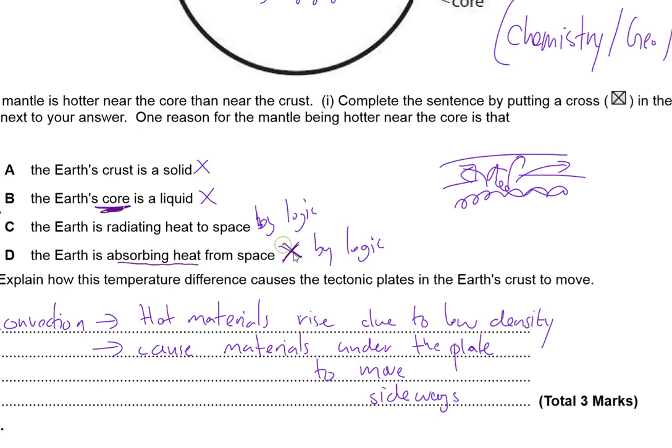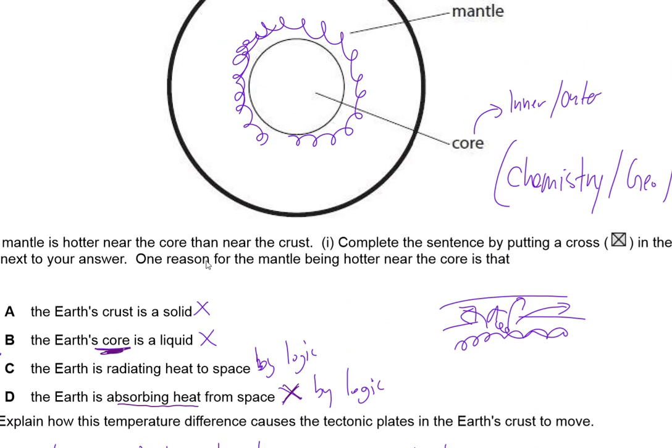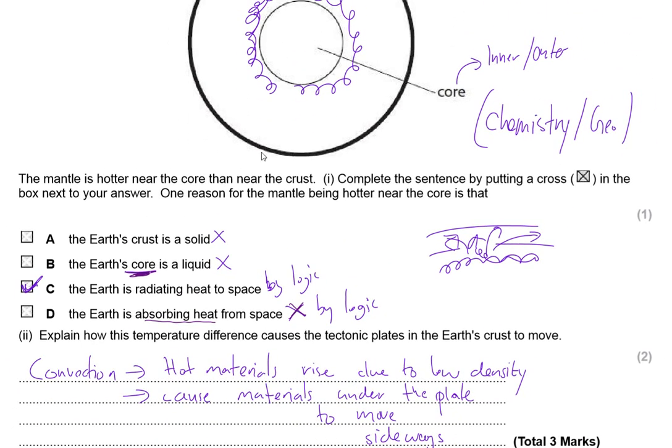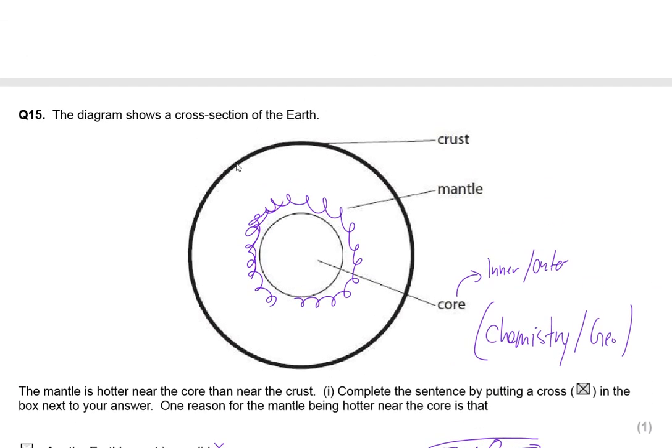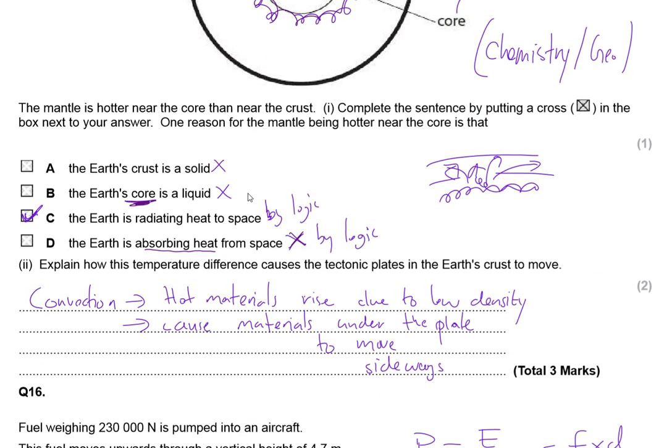Then the answer says the earth is radiating heat into space. Now it makes sense. If this here is hot and the heat is going into space, this makes this part cold, and the only thing that is hotter is closer to the core. It makes sense, by logic.